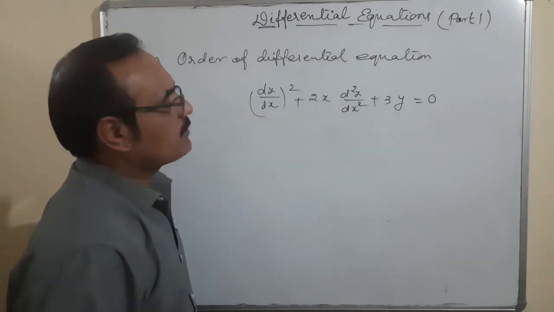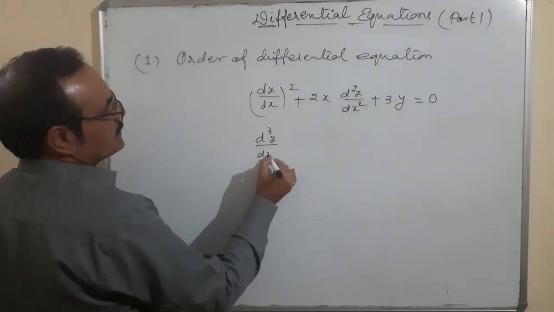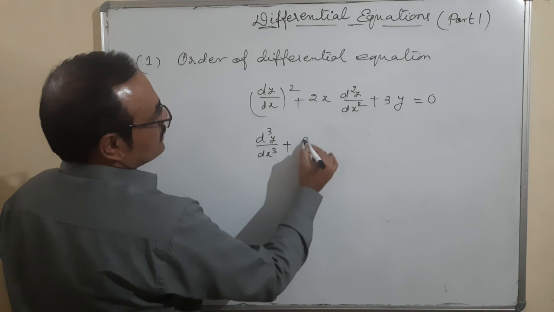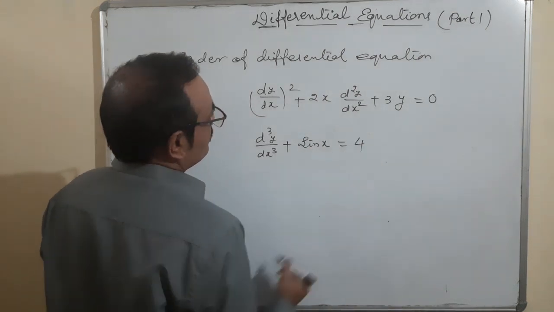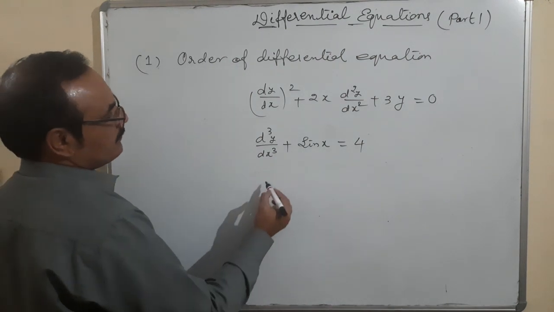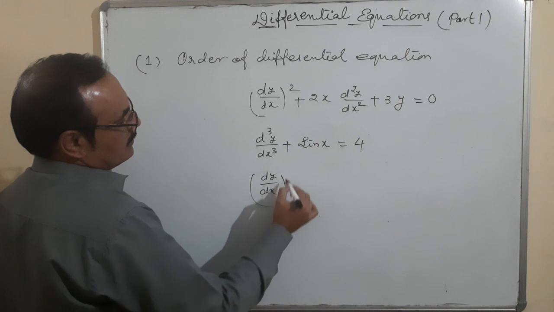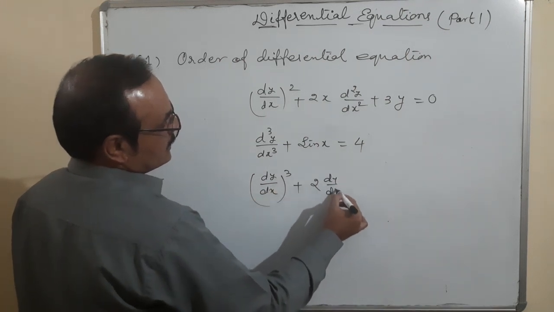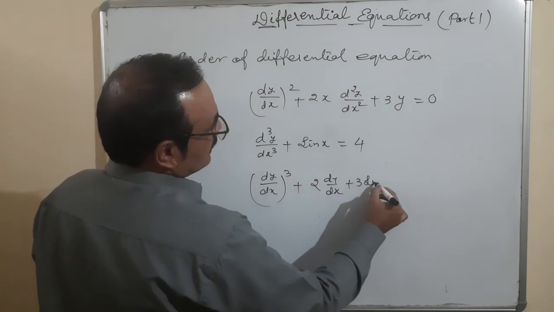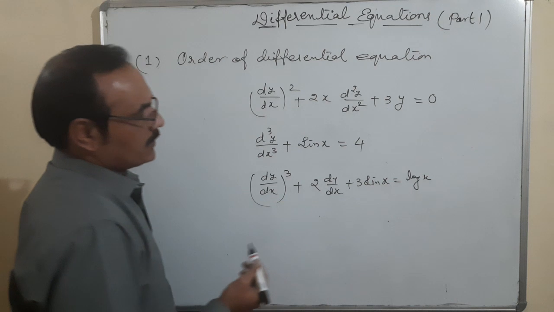It's one example. Second is d3y by dx cube plus sin x is equal to 4. Third one is (dy by dx) whole cube plus 2 dy by dx plus 3 sin x is equal to, suppose, log x, whatever it is.